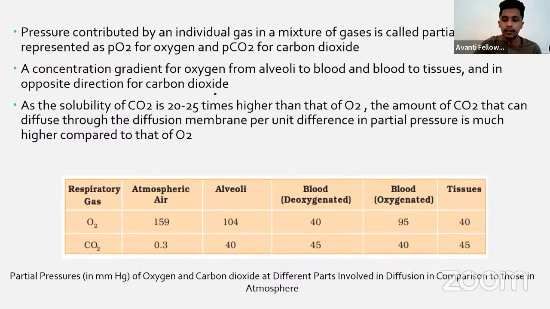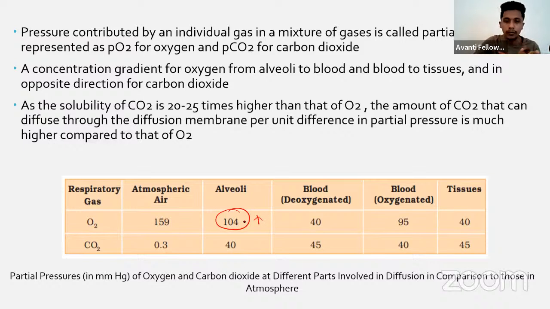Let us take the example of oxygen. We inhale atmospheric air, so in the alveoli the concentration of oxygen is very, very high. Since the oxygen concentration is very high, the partial pressure of oxygen on the walls of your alveoli is also high.